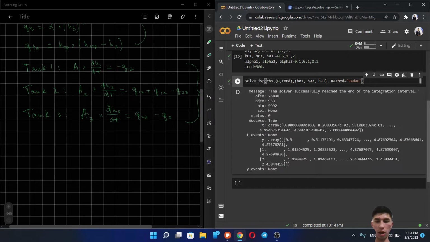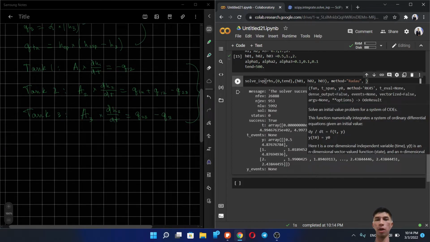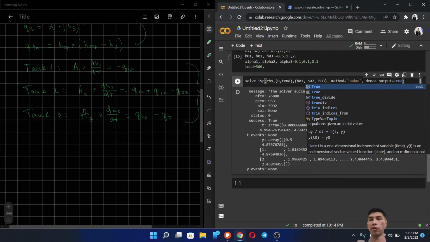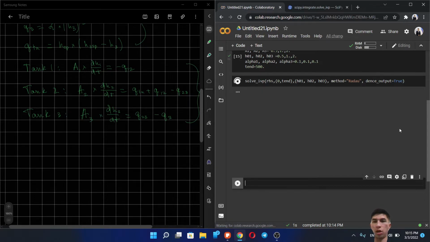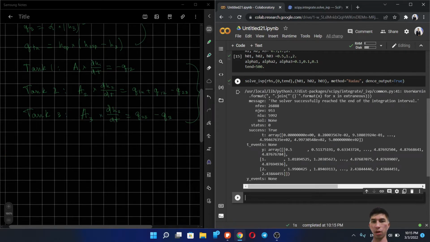So what we're gonna include here is the dense output option. This is gonna return the value. So when we are solving the differential equation, we can have something like y equals, so we can have that returned using this.